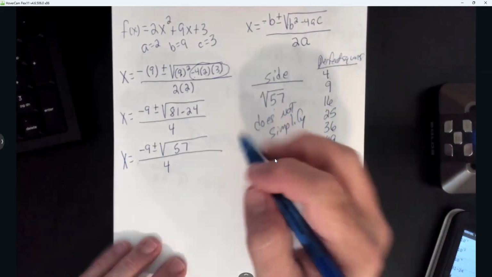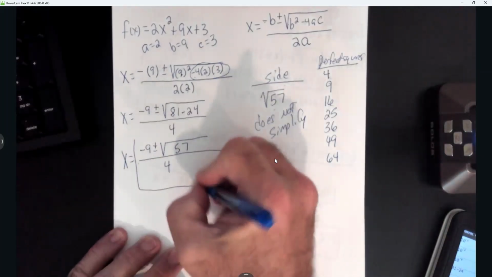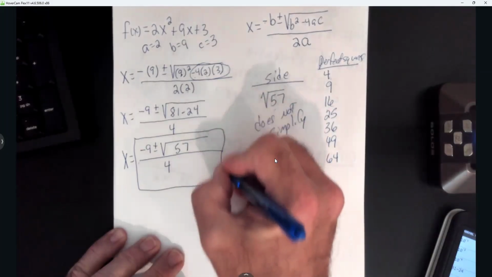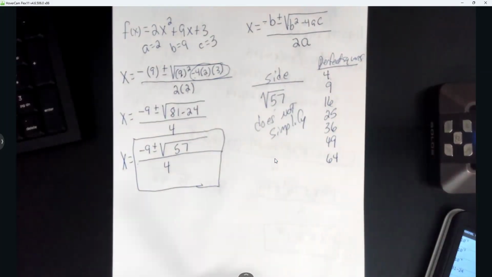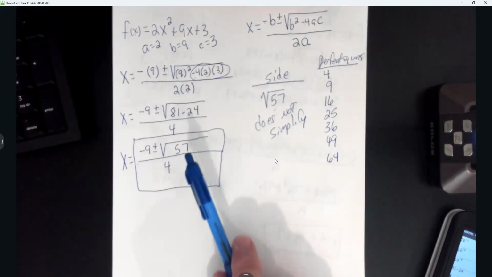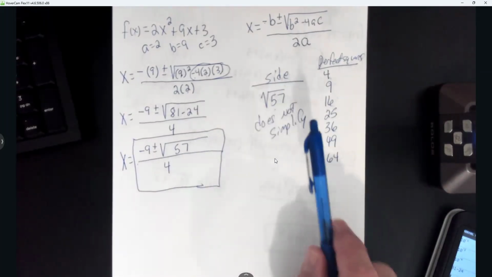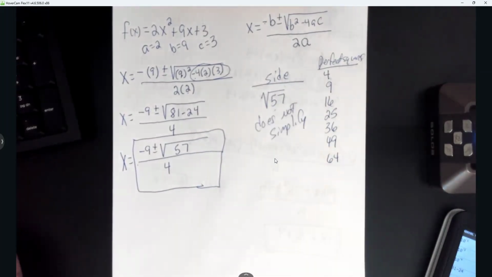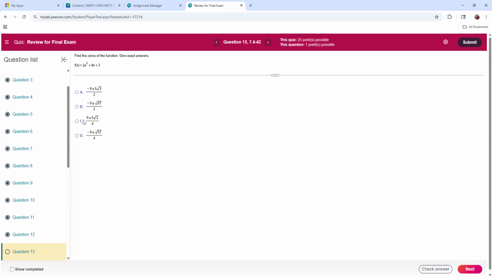Since that does not simplify, this is my final answer. You can only go further on this step if this square root simplifies. Mine did not, so I'm looking for that answer on MathLab, okay? So we got -9 plus or minus a square root of 57 over 4.